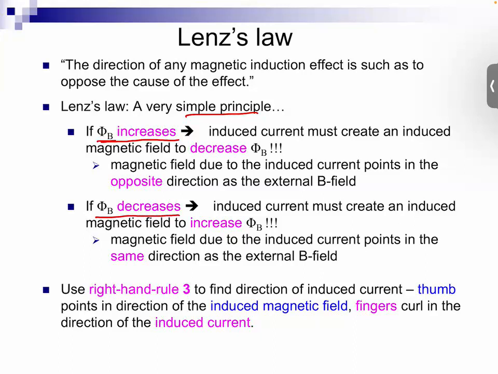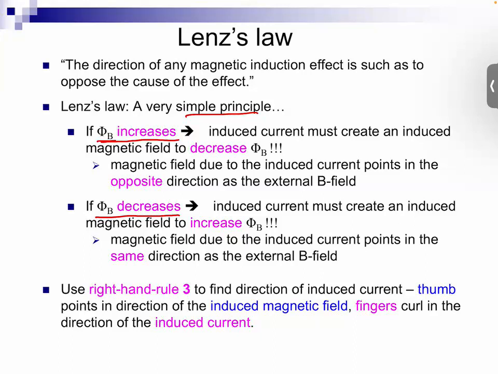Now let's look at the case where the magnetic flux will increase. Say, for example, I have 4 magnetic field lines crossing this loop. The first case is when the magnetic flux increases.